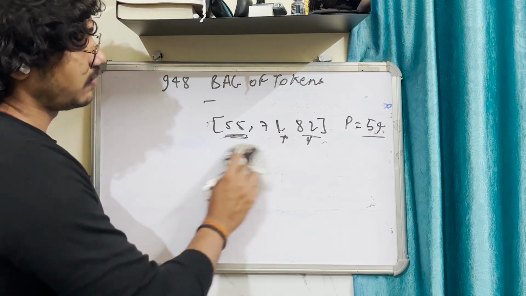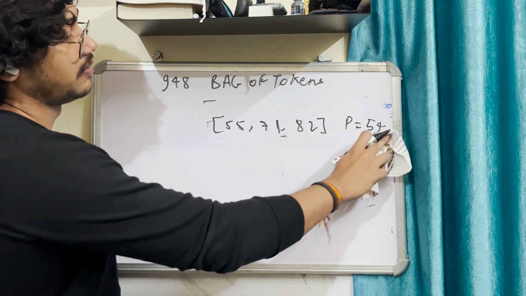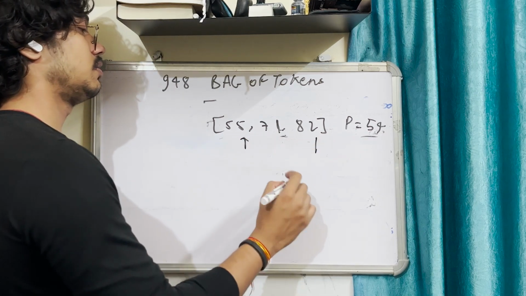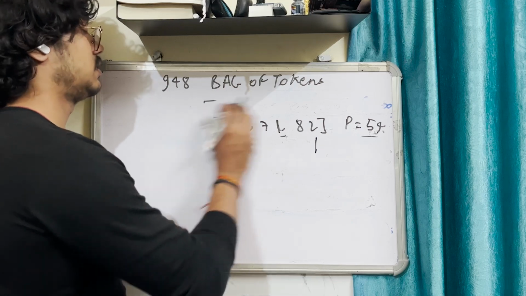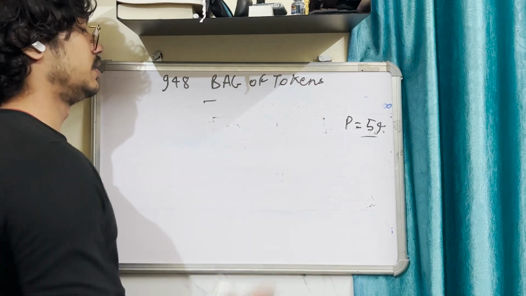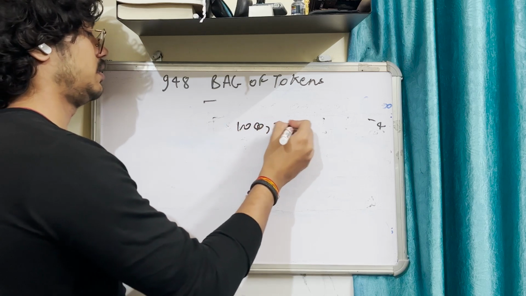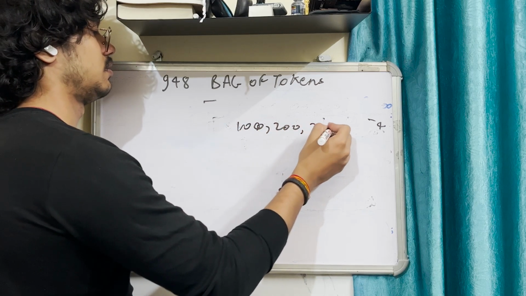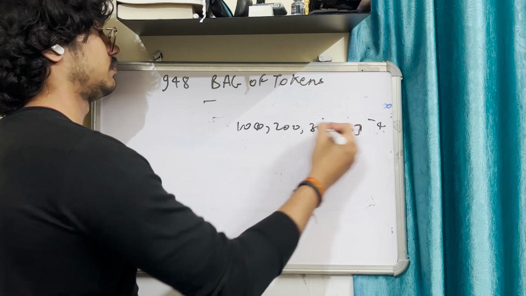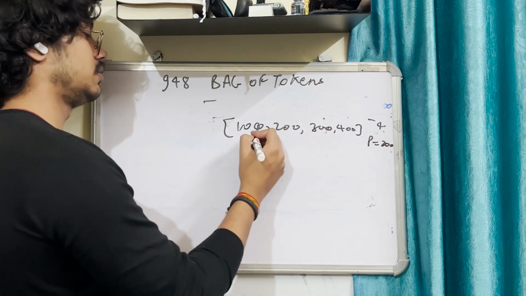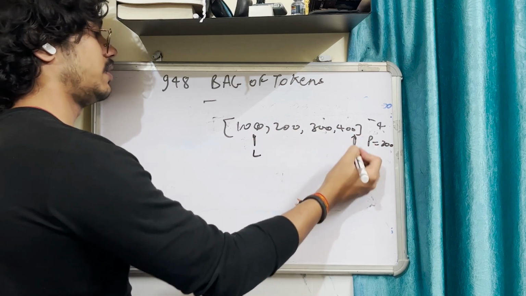So basically what we found out, you can have two pointers. Let me take that same example: 100, 200, 100, 200. P was 200. I am just explaining the code. You have a left pointer and a right pointer.